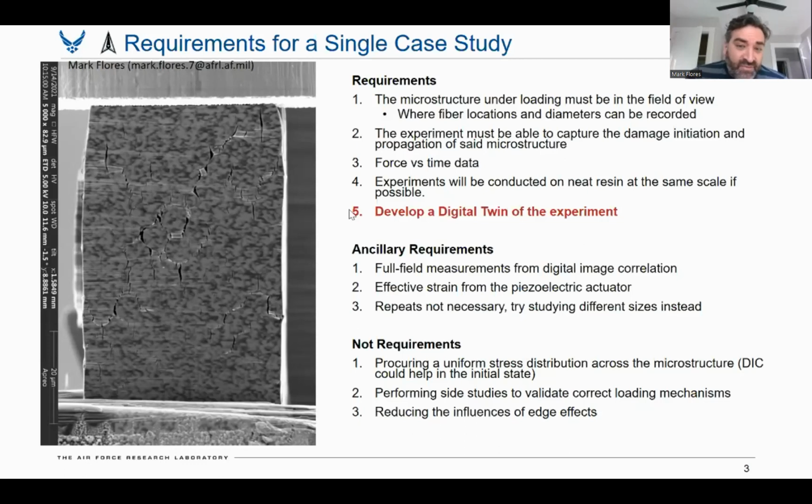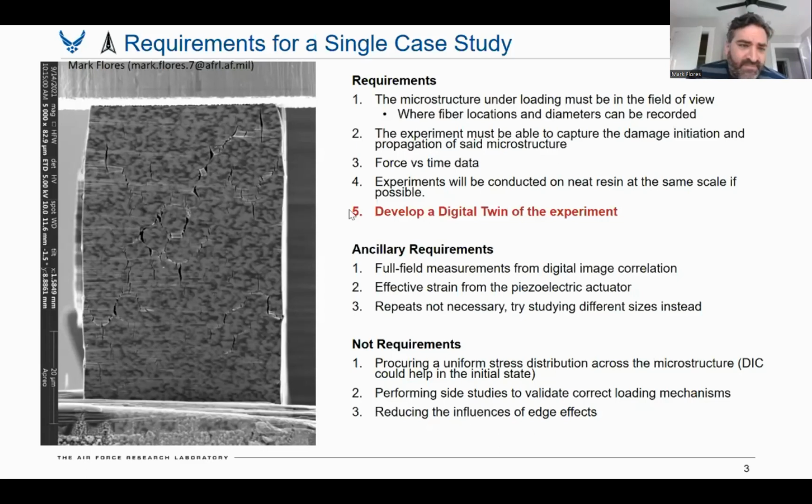We don't have the ability to do repeats because it takes a long time, but I'm not opposed to trying different sizes instead. So in many of these cases, I try to do different sizes instead of doing one size and multiple repeats. What requirement is not procuring a uniform stress?